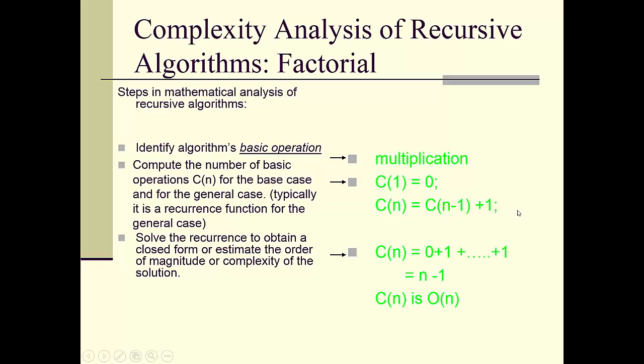We call that a recurrence relationship. The objective is to convert C of n is equal to C of n minus 1 plus 1, with C of 1 equal to 0, and compute what we call a closed form: what's the value of C of n in terms of n. When we have C of n as a function of n, like in this case where C of n is n minus 1, we call that a closed form. If you look at this example here, C of n was computed to be n minus 1, which in terms of O is basically O of n.